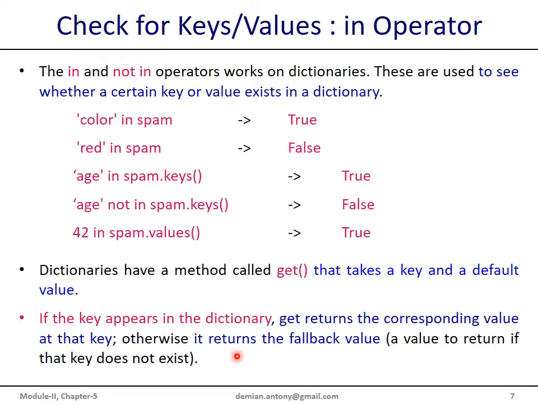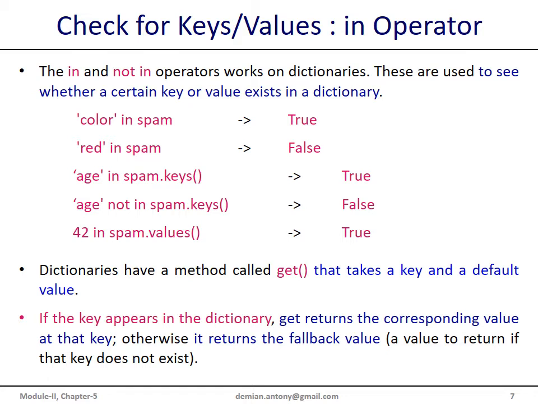Remember, the get method will take two arguments. First is a key and the second one is a default value. It returns a value provided the key is present in the dictionary and returns the default value if the specific key is not found in the dictionary.